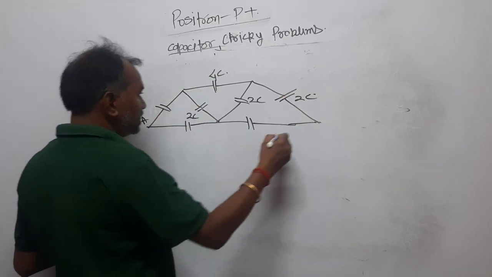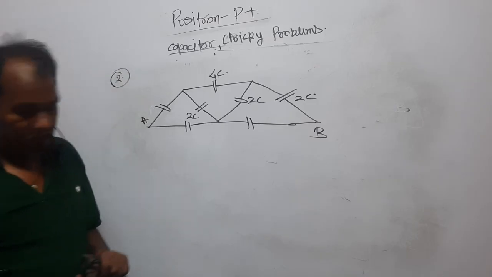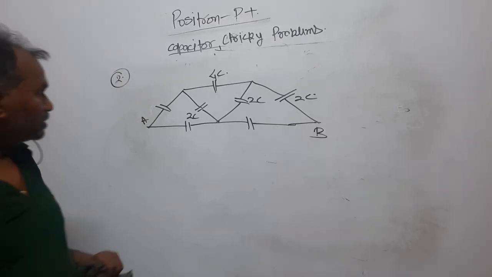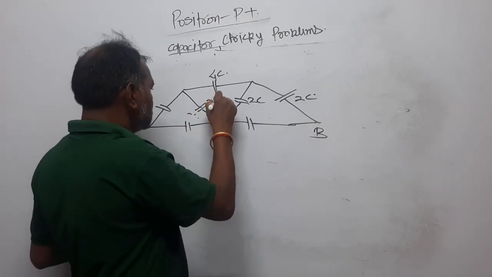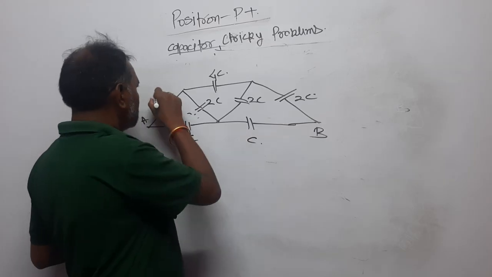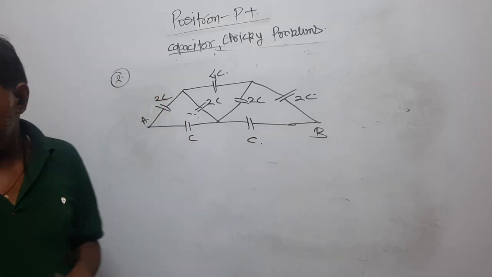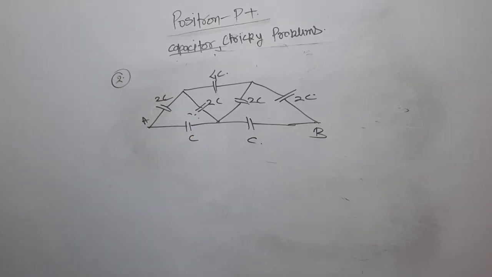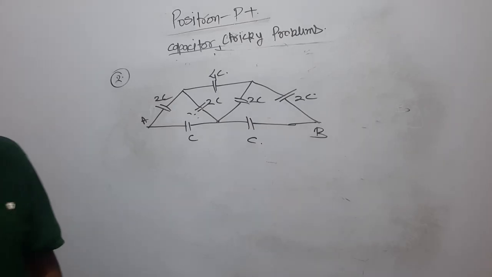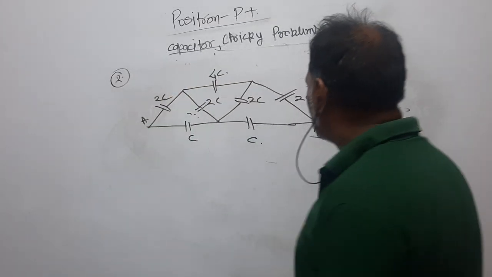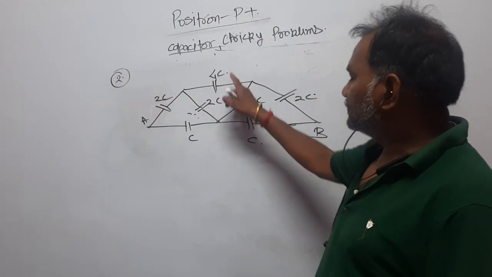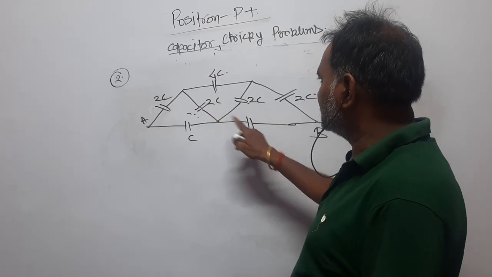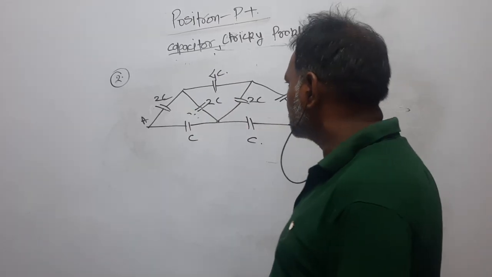This is terminal A, this is terminal B. These are 2C, it is C, and this is 2C. Dear students, the circuit is 4C, 2C, 2C, C, 2C, 2C, like this.